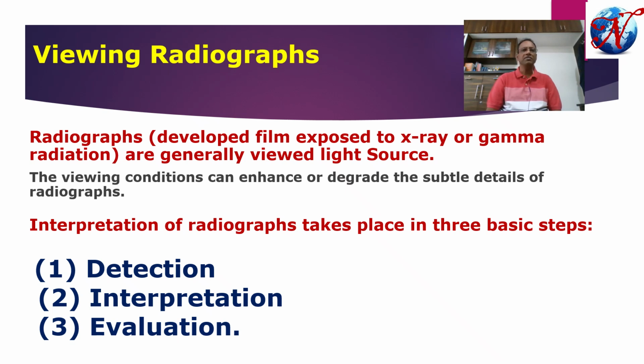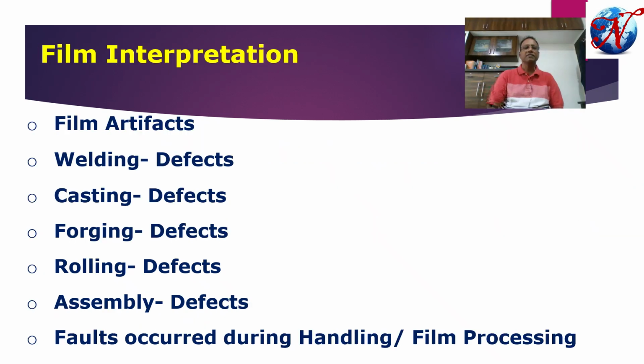So what are the types of defects? Is it porosity, slag, crack, lack of fusion, penetration, burn through? So the identification of the nature of the defect is the part of evaluation, and when we evaluate correctly, then we are able to take the decision whether this is acceptable or not as per some specific code of acceptance.